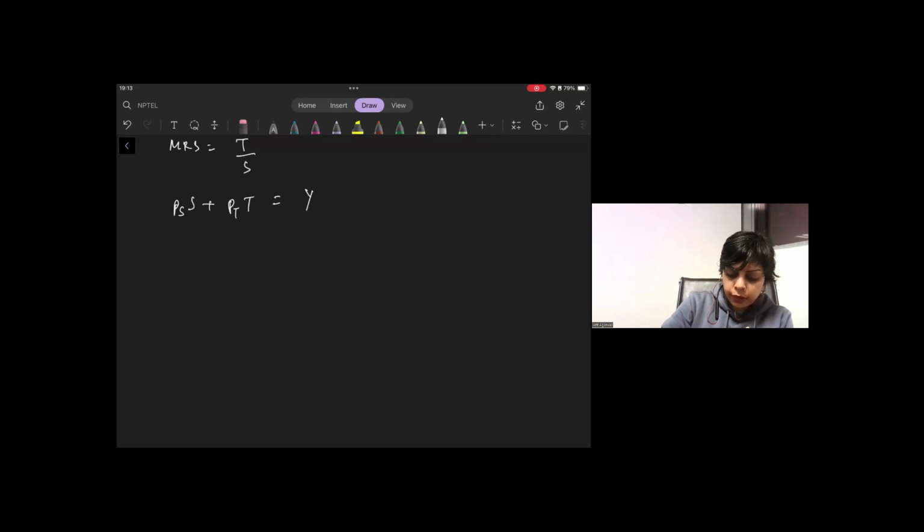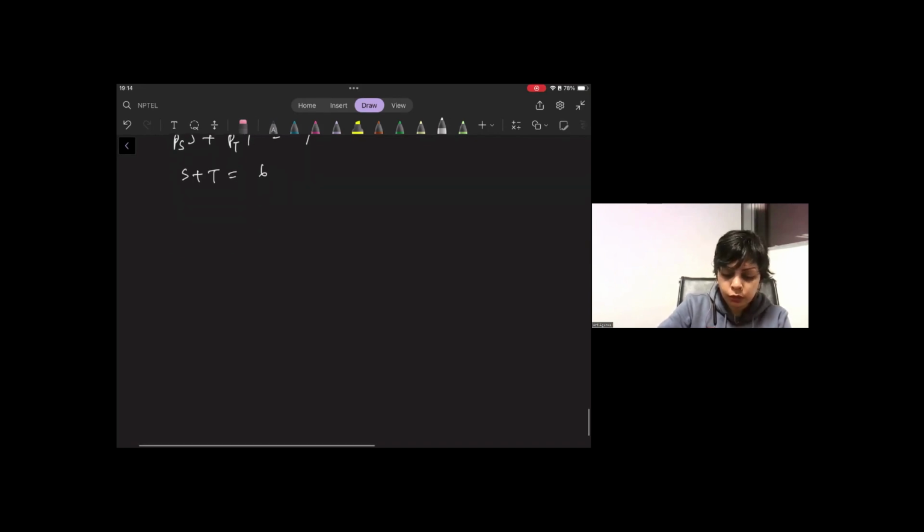Here I have said that she has a total of 6 hours which she can spend on her hobby. It takes her 1 hour to buy a pair of shoes and 1 hour to go dancing. So both have coefficient 1 and 1. You get S plus T is equal to 6. Now you can solve for this, of course.